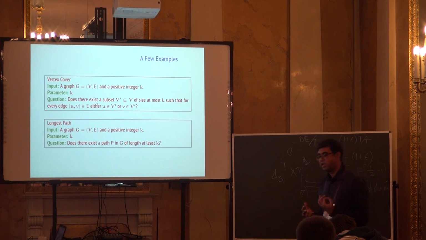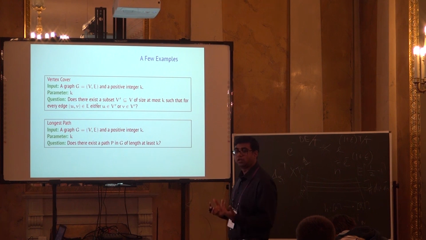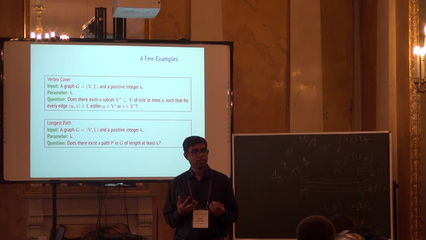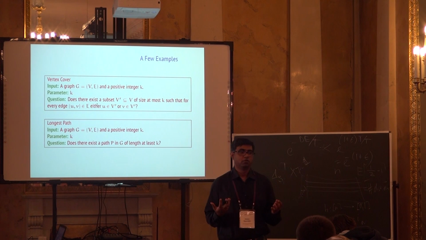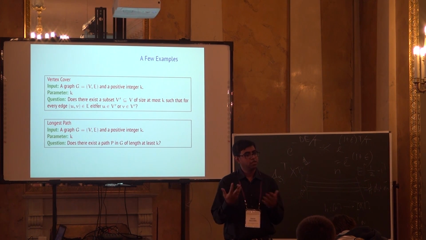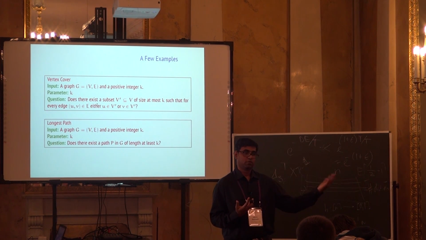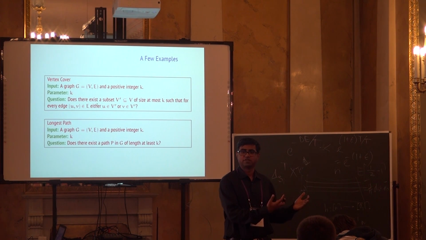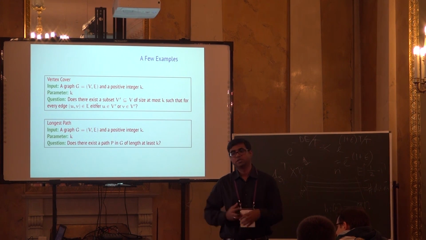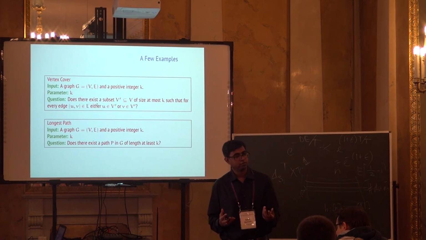Finding the right parameter by which you can design a good algorithm is also an art, and people design several algorithms for the same problems. Maybe some algorithm could be useful with respect to some parameter, because for certain classes of input this parameter is small. For some other set of inputs, some other parameter is small.